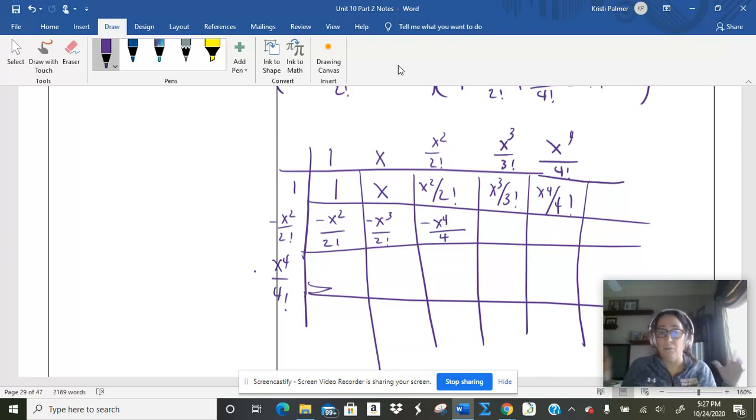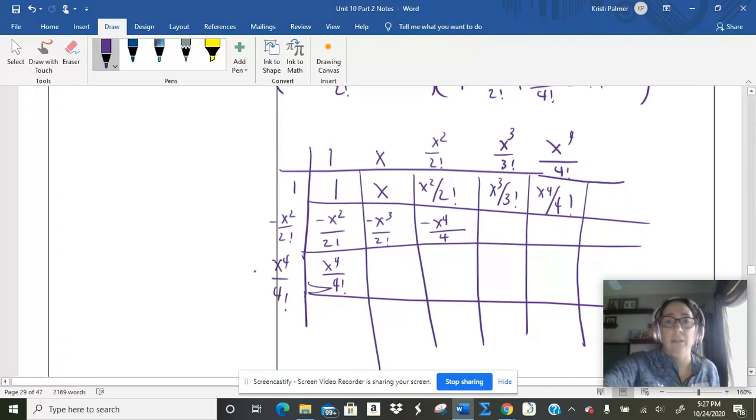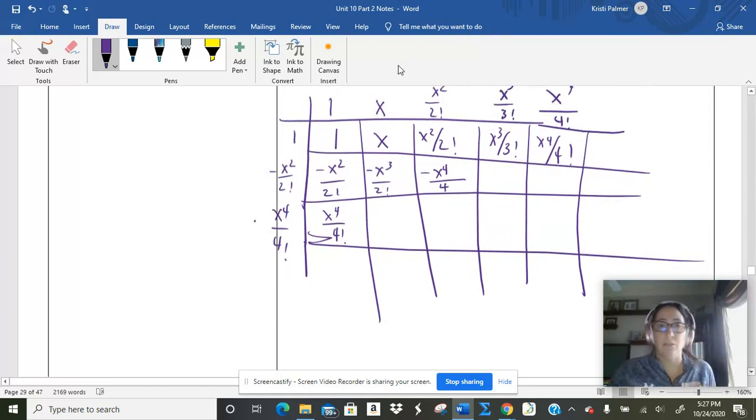So I'm going to hold off and see if I need to go further or not. So let me go ahead and do this line. And then again, if I need to go out further, I will. But let's see what happens.